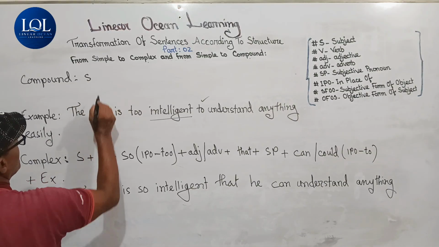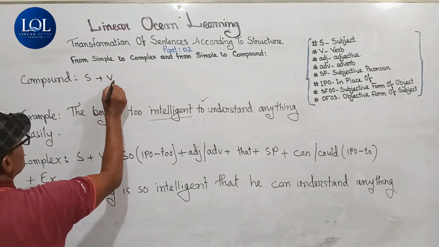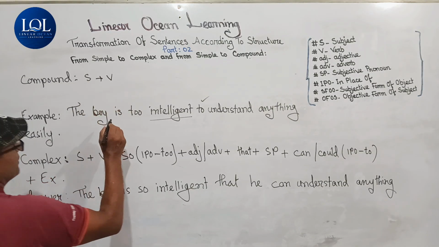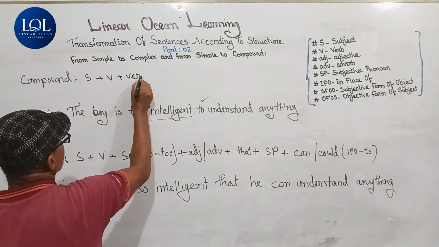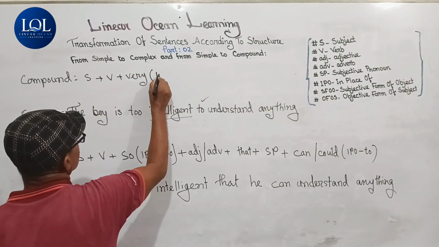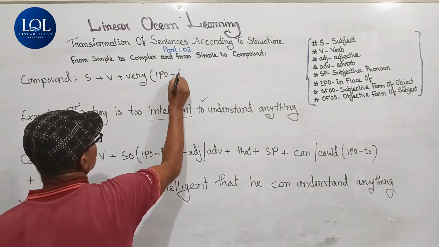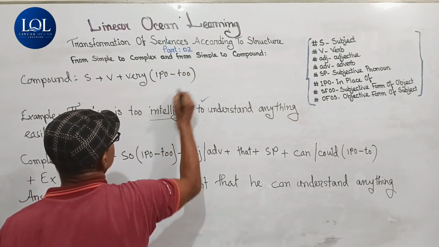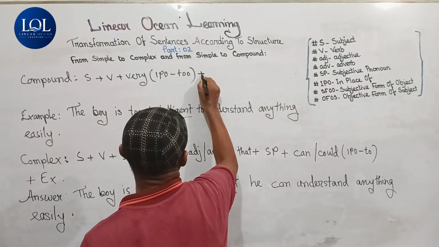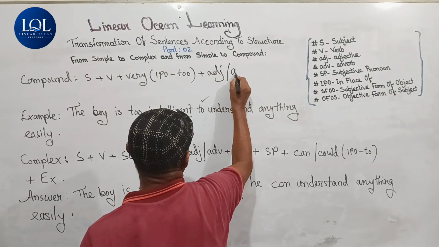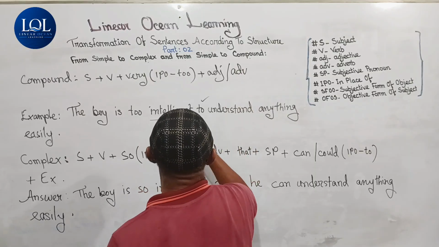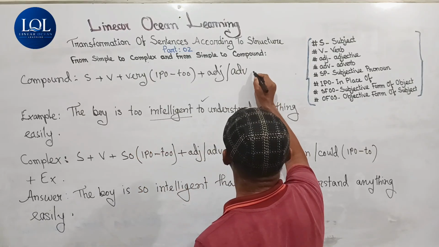Subject, the boy, verb plus verb is, very, IPO2, plus adjective or adverb. Here the adjective is intelligent.